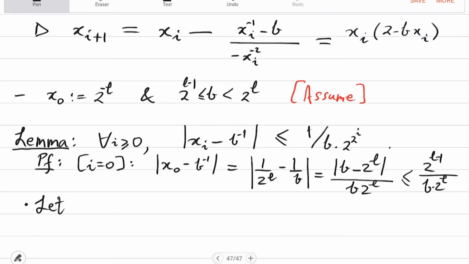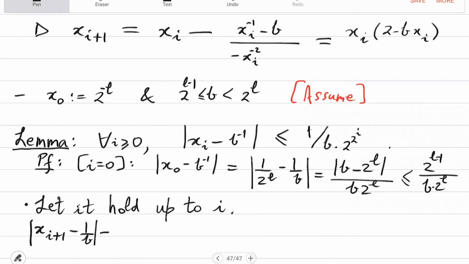Now let's assume it to be true. So induction hypothesis is that it holds till i, some value i. And let's look at i plus 1. So here you use directly the formula, put that here.